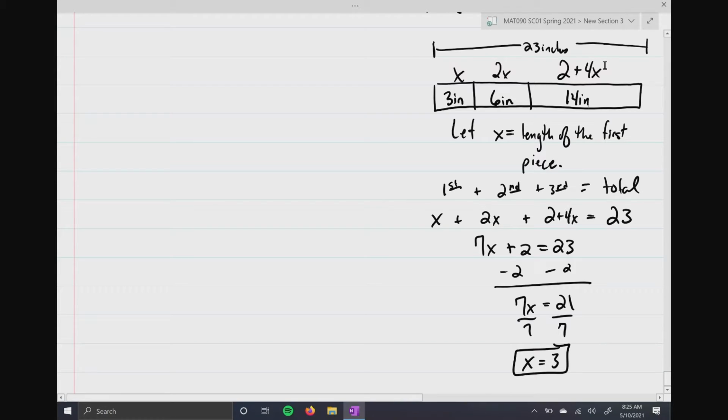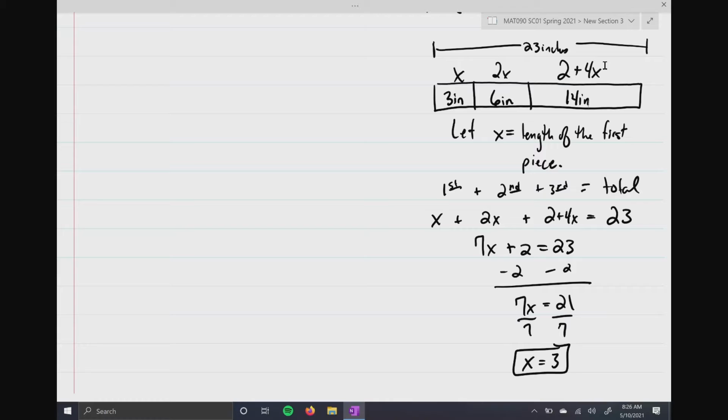And notice they give you 2 options, inches or inches squared. You are finding the length of each piece. Length is a one-dimensional unit. In other words, length is like a perimeter. So it's only inches. Also, 2 things tell you it's inches. First, in the problem, it uses the word inch.